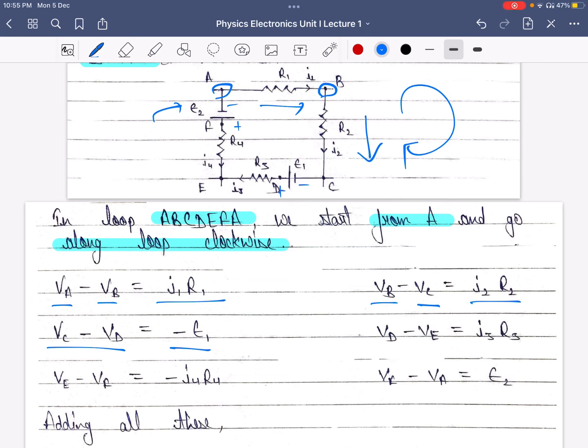For the branch DE, Vd minus Ve is equal to I3 R3 because we are traveling in the same direction as the assumed current. As for the branch EF, Ve minus Vf is equal to negative of I4 R4 because we are traveling in the opposite direction of the current I4.